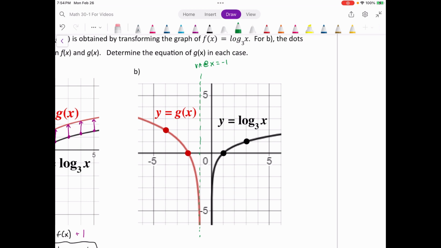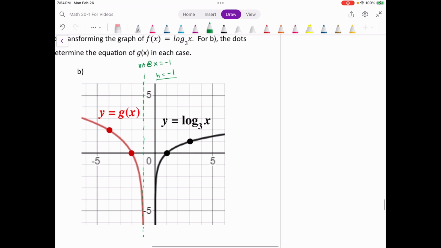Could a stretch do it? Could a reflection do it? I mean, it looks like it has been reflected, but would just a reflection change the asymptote? No, only a horizontal translation. Remember, h directly tells us the vertical asymptote. H must be -1.